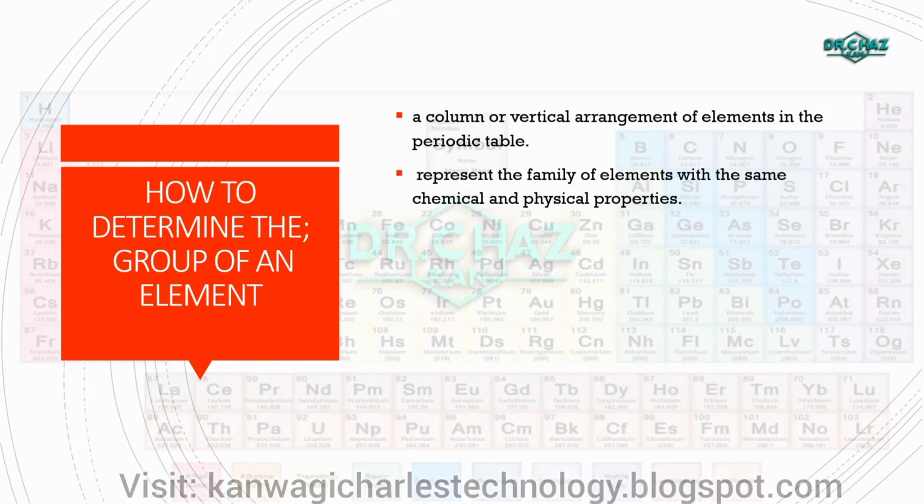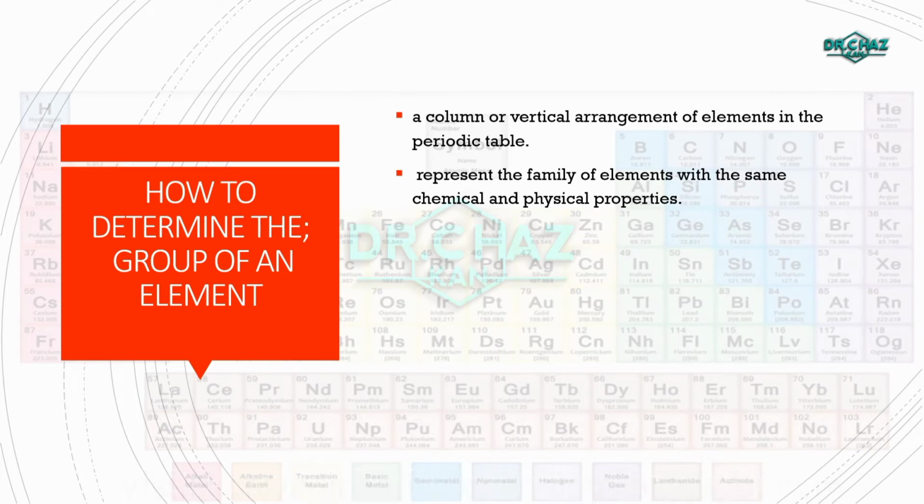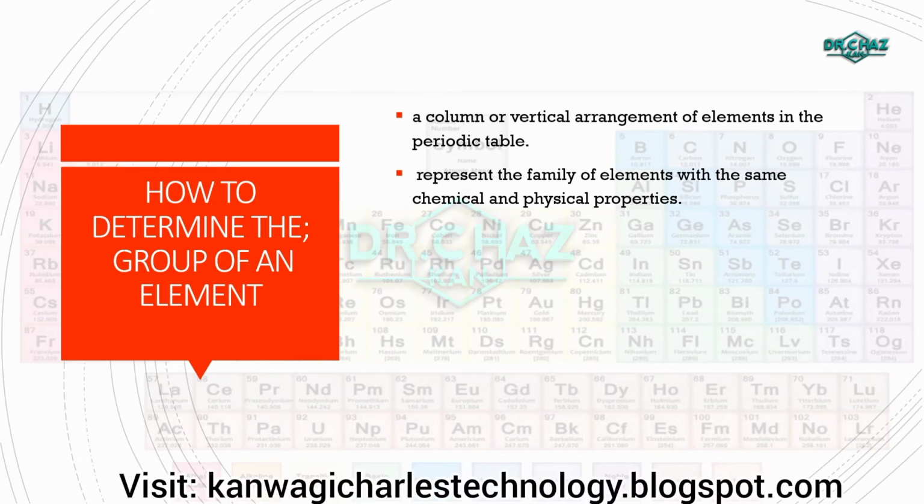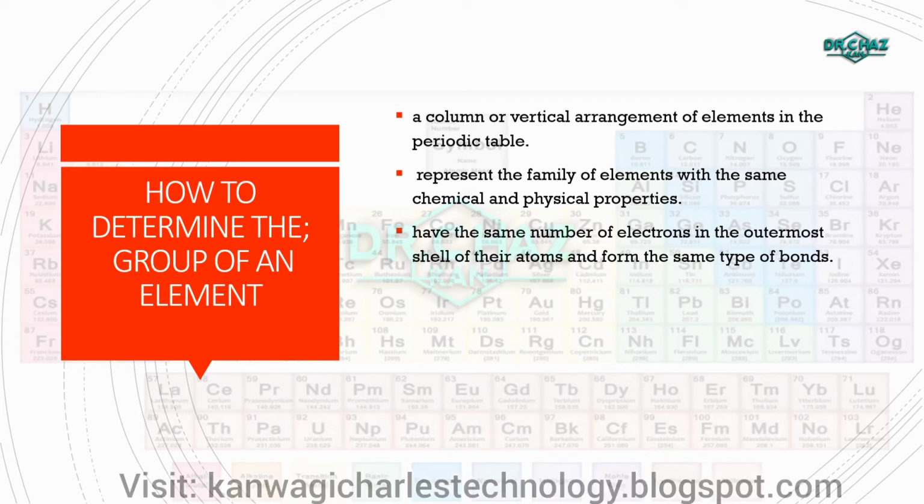The group represents the family of elements with the same chemical and physical properties. Elements of the same group have the same number of electrons in the outermost shell of their atoms and form the same type of bonds.